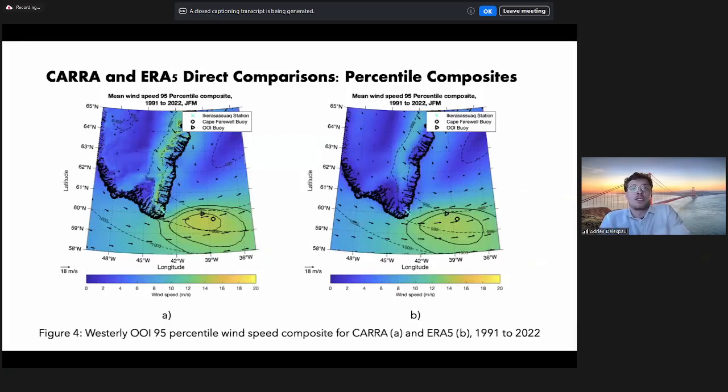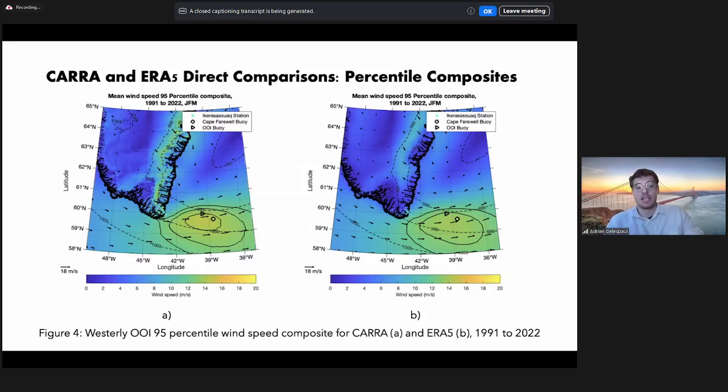So further evidence of the preceding arguments is presented in this figure here. In this plot, wind speeds are collected by 10-meter wind speed data from the OOI buoy, which is that little black circle that you can see on the screen. So we filtered for time and dates based on the 95th percentile of the OOI wind speeds, and we got these images.